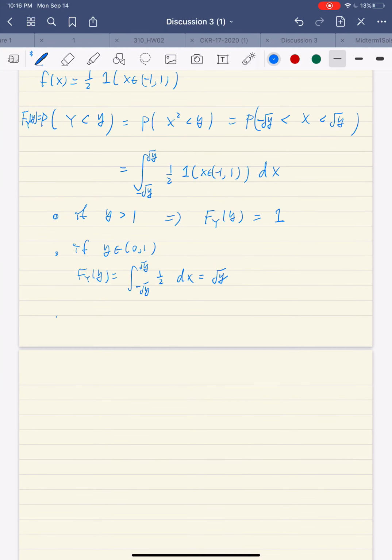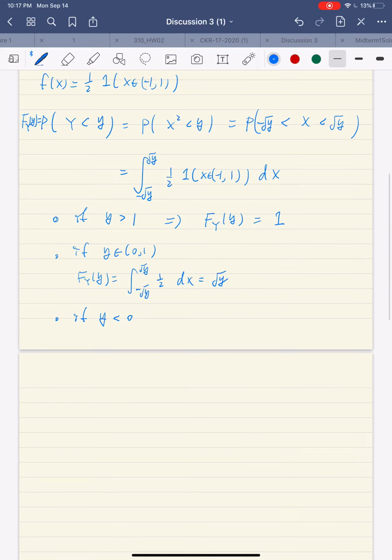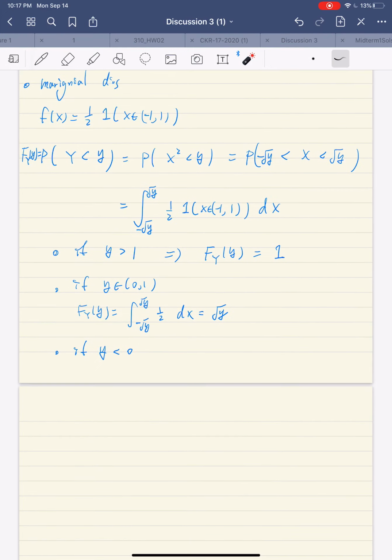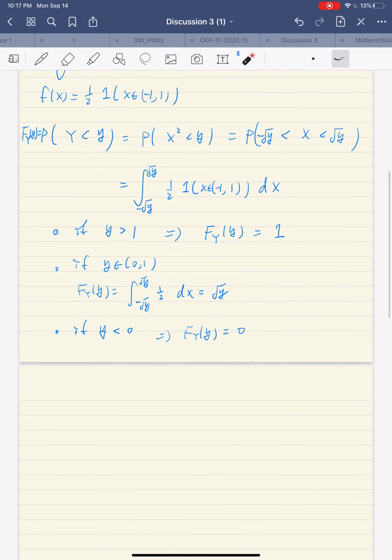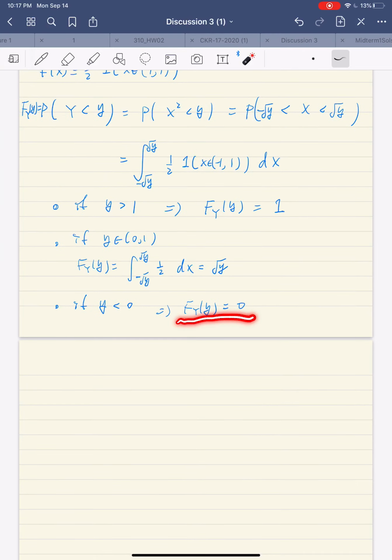And if y is smaller than 0, because y is x squared, which is always positive, this implies that F_Y(y) is equal to 0. The CDF of y when y is smaller than 0 is 0.